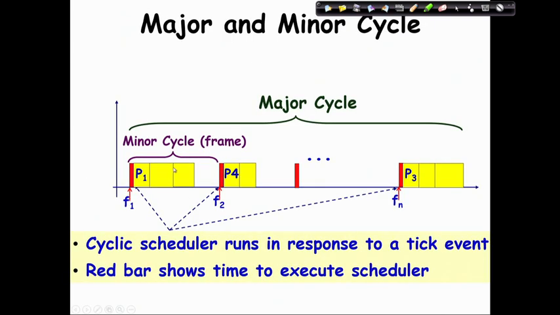So, this is the major cycle, which is decided based on the task periods, is the LCM of the task periods, and then that is divided into a number of frames.